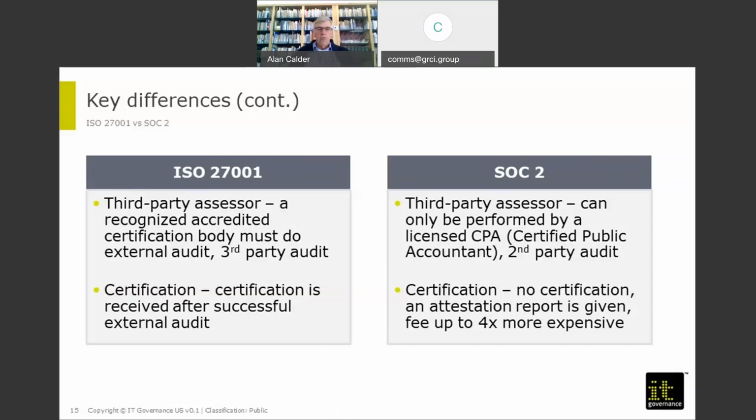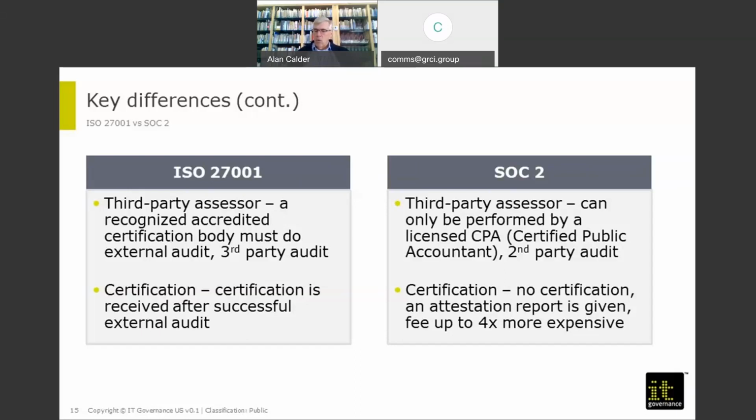So you've got a very different cost profile between ISO 27001 and SOC 2. An ISO 27001 audit, which will take a number of days depending on the size of the organization, is repeated only once every 3 years. SOC 2 is repeated once a year. And you're paying very different fees.